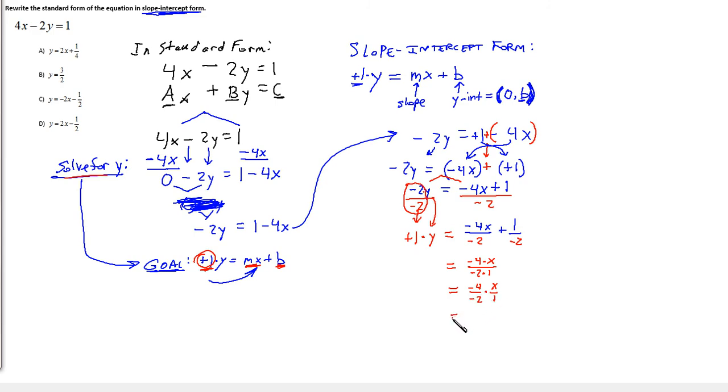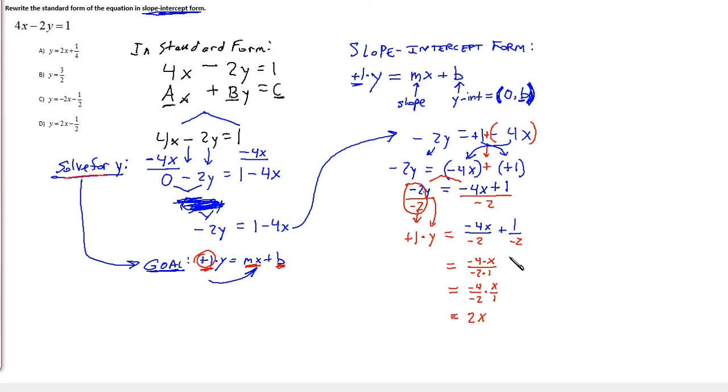Now that we have an individual number, which is the fraction, times x over 1, we could say, well, negative 4 divided by negative 2 is positive 2, right? Negative divided by negative is positive, 4 divided by 2 is 2, and any number or variable, which represents a real number, over 1 is itself. So here we have the mx part of mx plus b.